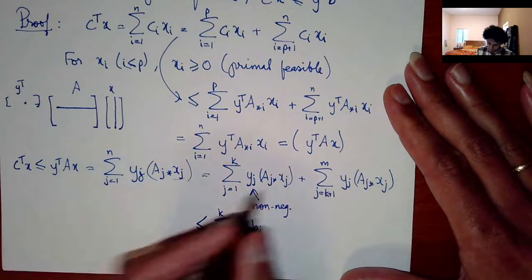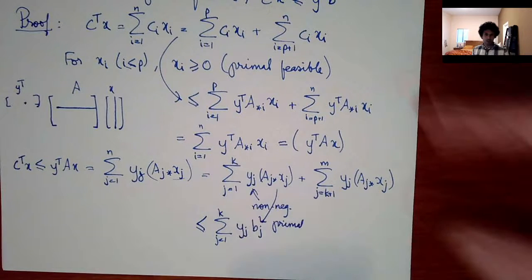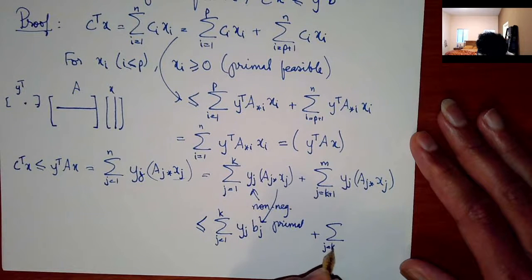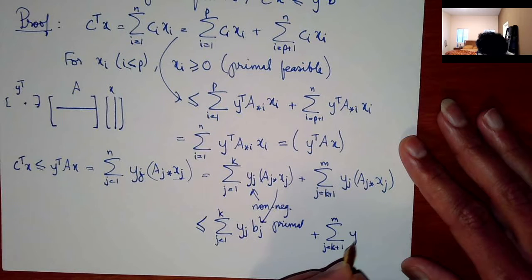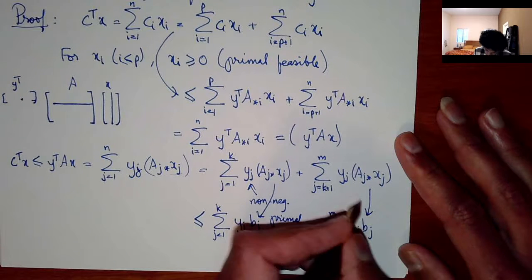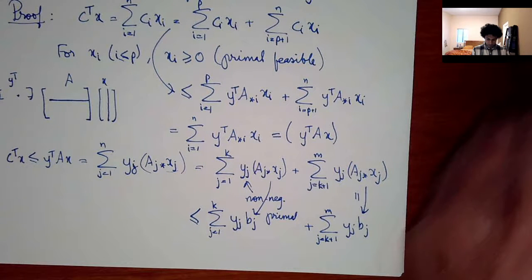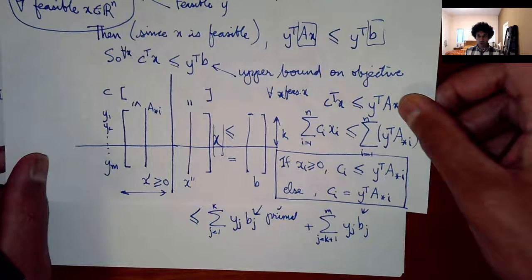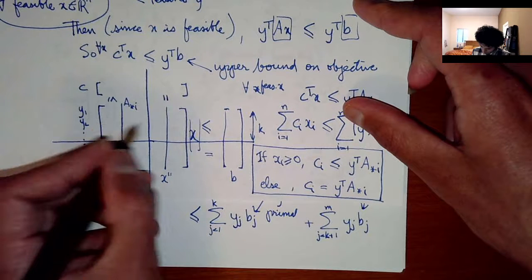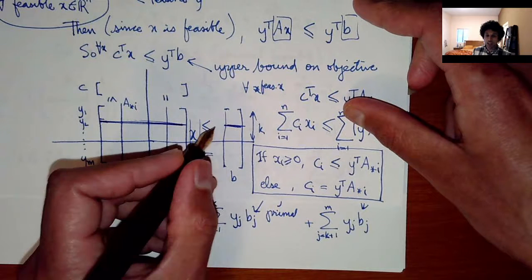Because by primal feasibility, the primal says that Aj star xj is at most bj. That's the primal constraint. Plus the summation over j going from k plus 1 to m of yj bj. And this is just the primal. Remember, these are actually equal: Aj star xj is equal to bj. Maybe I'll show you the picture again. This picture is a bit hard to parse, but if you're looking at this constraint, this is an inequality.